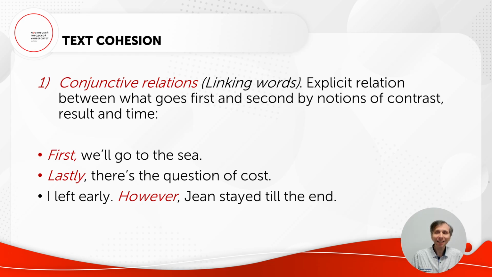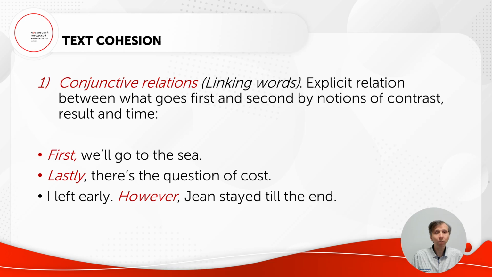They are the explicit relations between what goes first and second by notions of contrast, result, and time. And I'm sure that you'll take time to further contemplate these three notions of contrast, result, and time. But now I will just mention them.